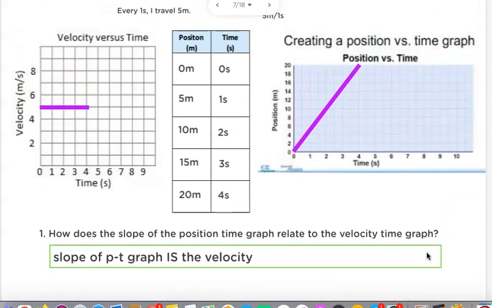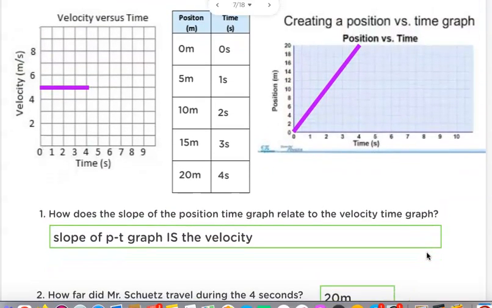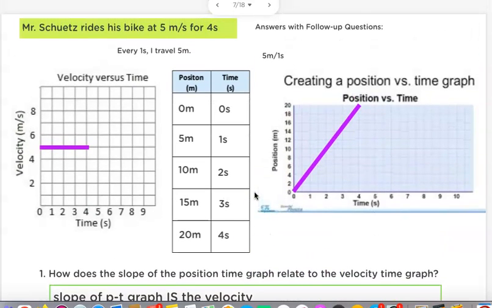So finding the position or the displacement is easy if you have a position time data table or a position time graph, because you can just straight up read the value that's given to you. The question though is, how could I figure out how far Mr. Schutz traveled if I could only look at the velocity time graph?